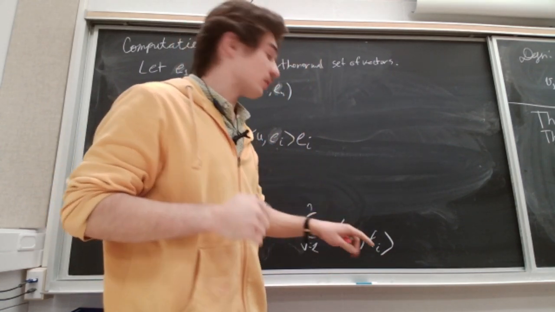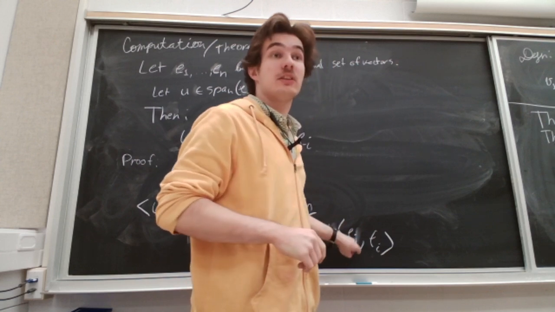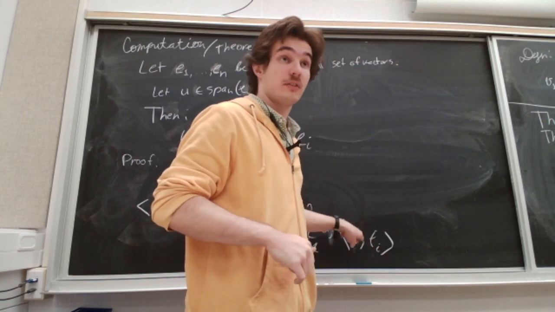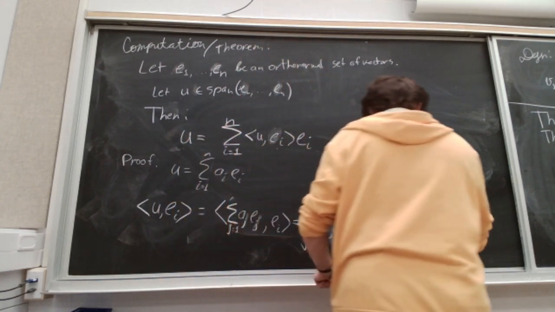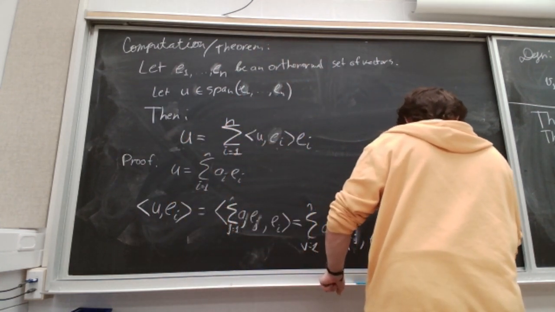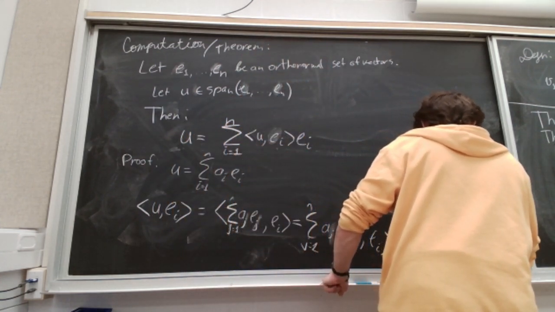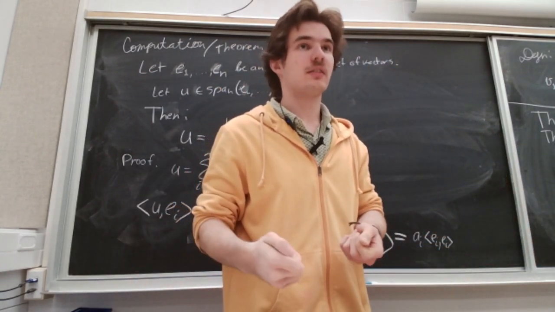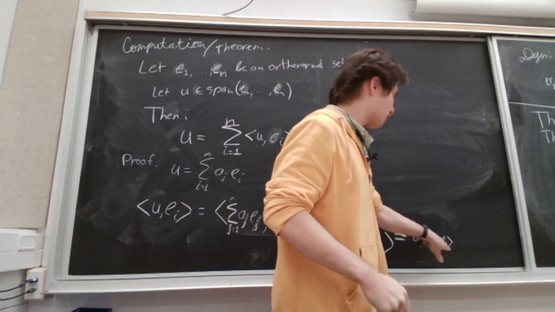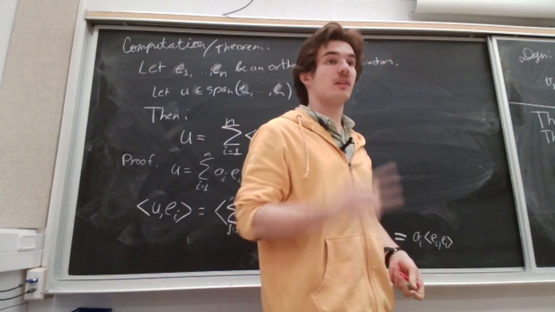It's 0 if i is not equal to j. So I can essentially ignore every term where j is not equal to i, because that's just 0. So this gives me ai times ei inner product ei. But this is an orthonormal set, meaning that ei inner product ei is 1.